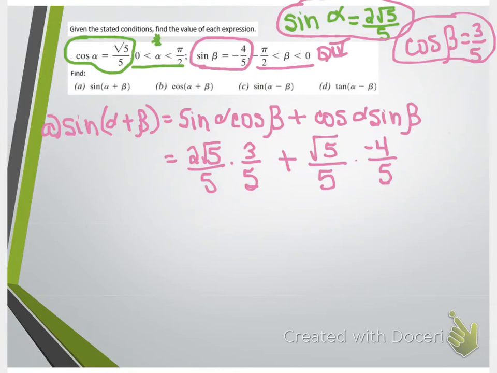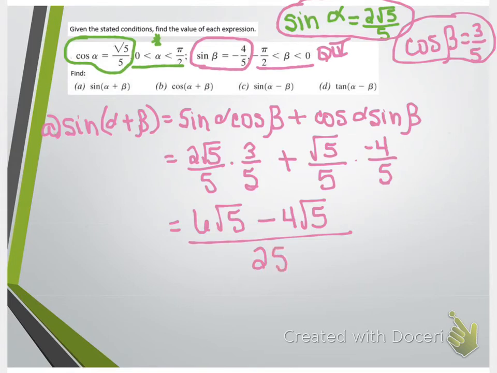Okay. Cool thing here is the denominator of both the fractions is going to be 25, so at least we're going to be able to combine this fairly easily. So 2 root 5 times 3 is 6 roots of 5. Then root 5 times minus 4 is minus 4 roots of 5, all over the common denominator of 25.